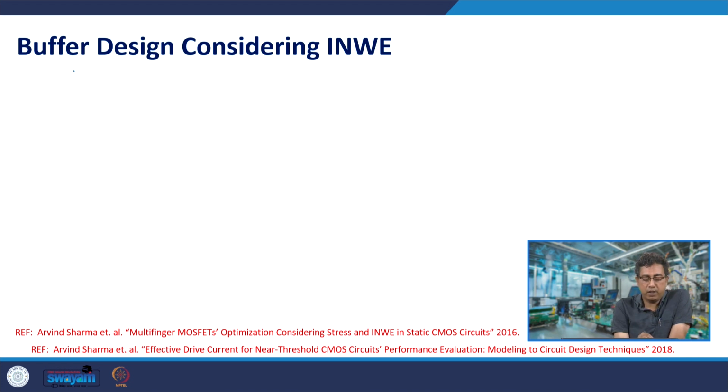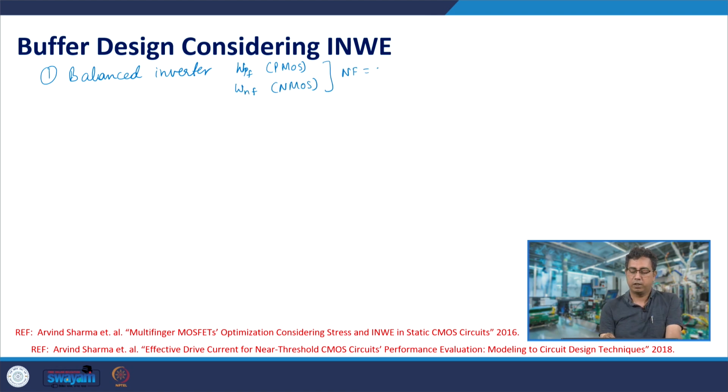So, we first obtain balanced inverter with finger width of P MOSFET WPF, finger width of N MOSFET WNF and number of fingers NF, which is equal for the P MOSFET and N MOSFET. And we are dealing with near threshold voltage operation. So, once we obtain this, we fix this number of fingers and finger width constant for all the inverters in the buffer.